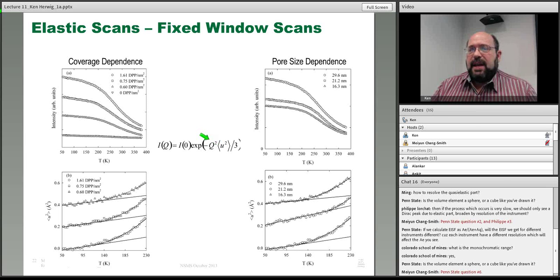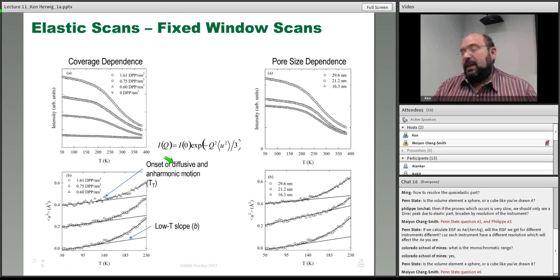If I do that and plot the vibrational amplitude as a function of T, I see that at low temperatures there's essentially a linear response, and then at some critical temperature it starts to deviate from that. That temperature is just the temperature at which you are sensitive to the onset of diffusive and anharmonic motions, which this equation is not able to capture.